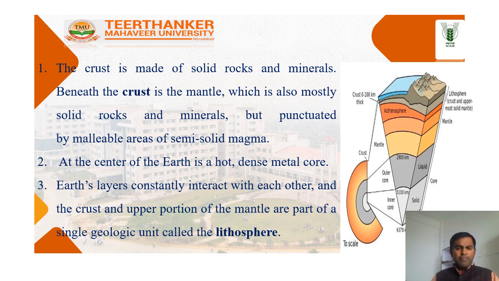This is the main part, in which the solid rocks and minerals are punctuated in many areas by semi-solid magma. What is magma? It is obtained during a volcano eruption.